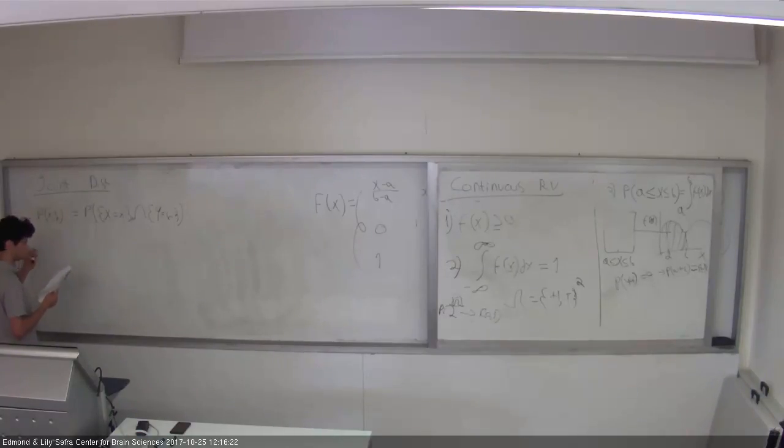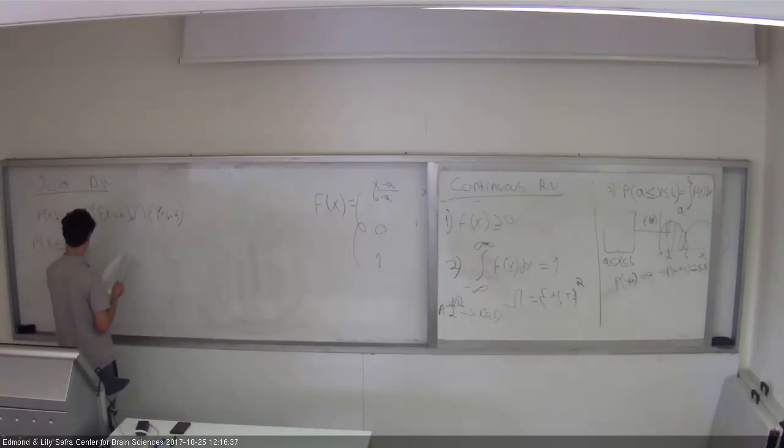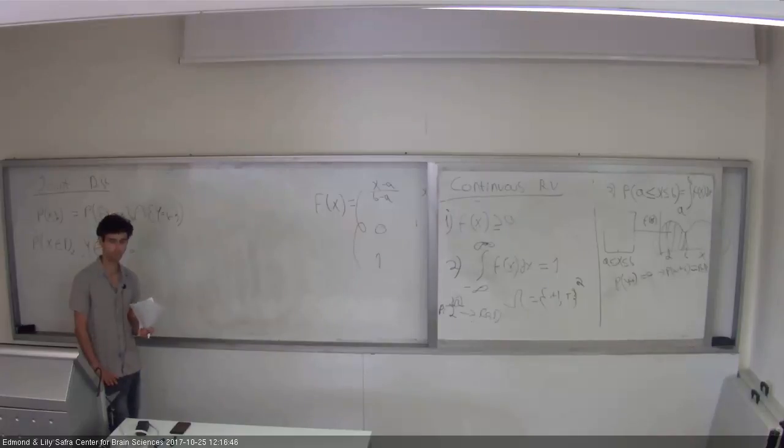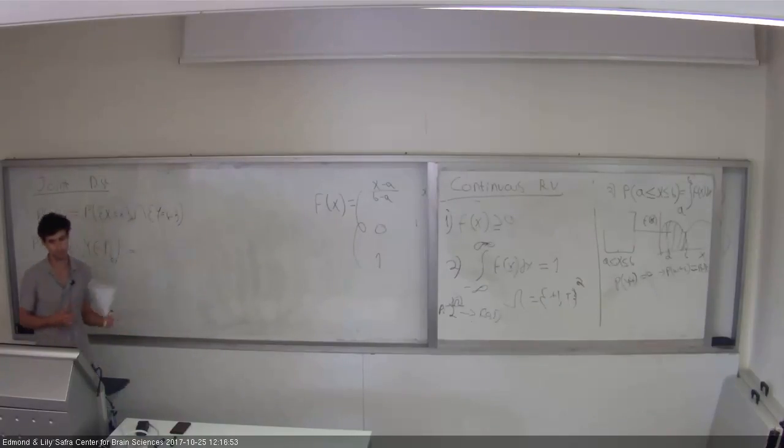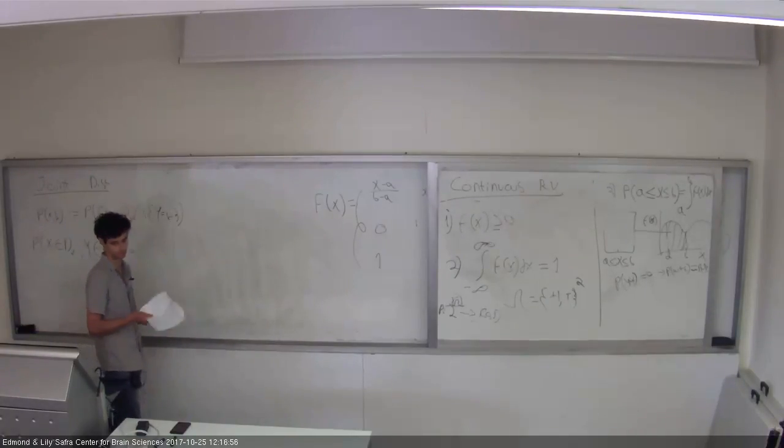The joint PDF of two continuous random variables, where x is now in some area dx and y is in some area dy, is equal to, in the continuous case, an integral over all the values in these areas.